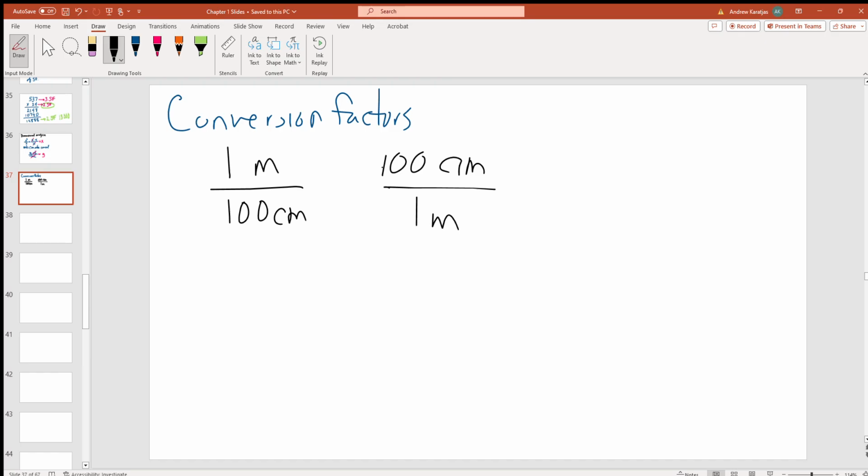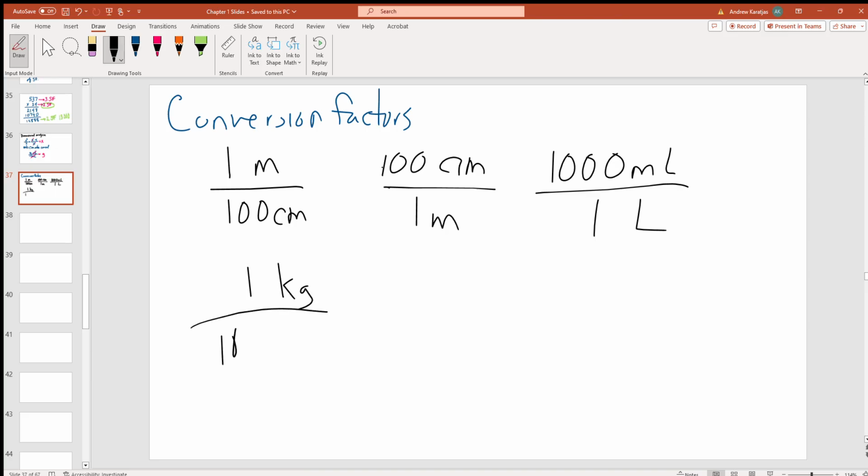And again, this could be any unit that we know that's equivalent. 1,000 milliliters over 1 liter. 1 kilogram over 1,000 grams. These are all metric examples, but we could use non-metric units, and it's the same argument. 5,280 feet is 1 mile, and so on.